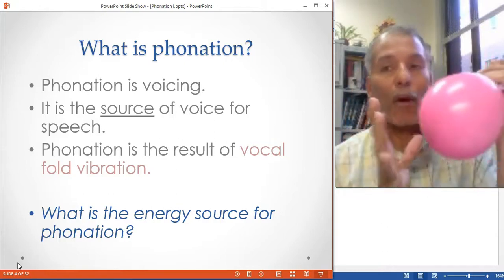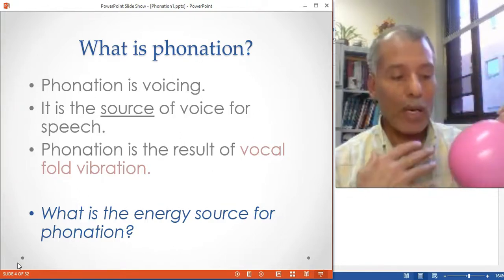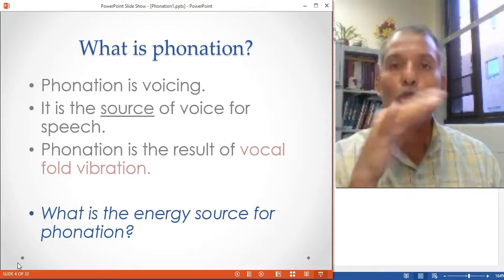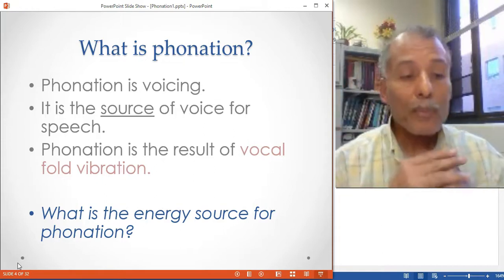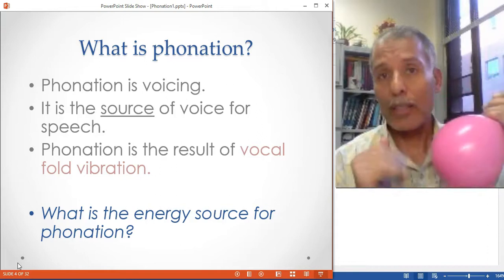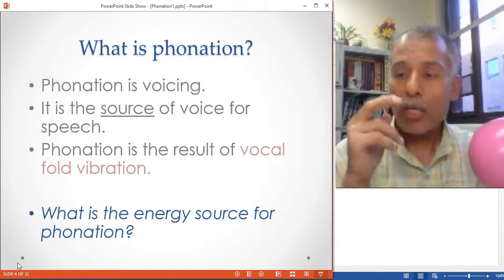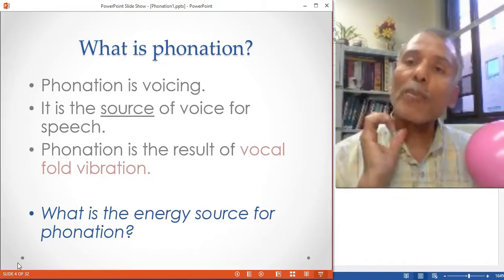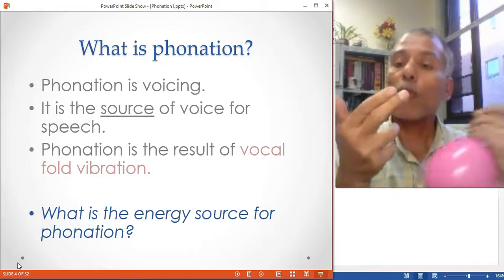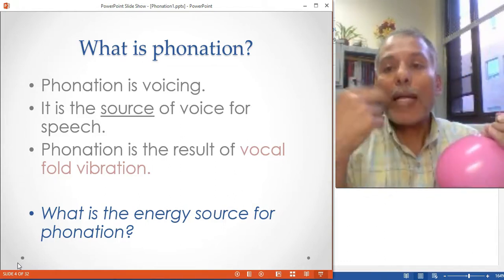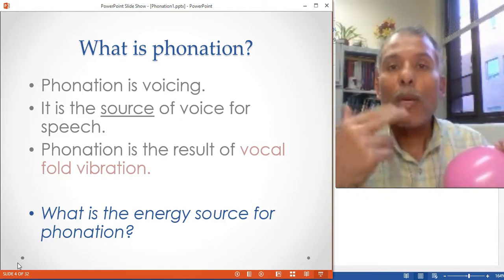So you have a column of air in your lungs, and then you close the vocal folds to shut down the airway. The air inside of the lungs is going to build up pressure beneath the vocal folds and will force the edges of the vocal folds to be blown apart, and it will vibrate them to make the sound.